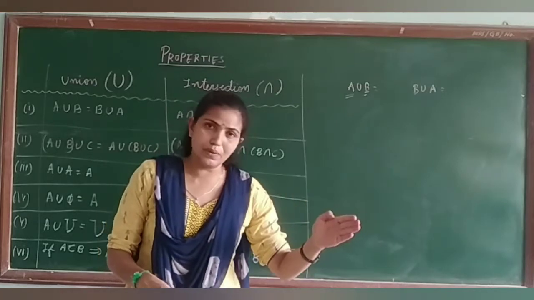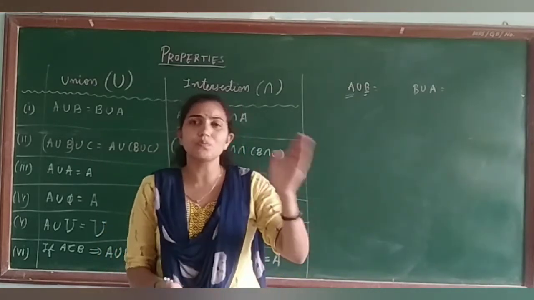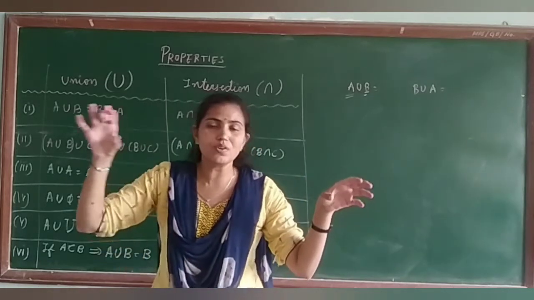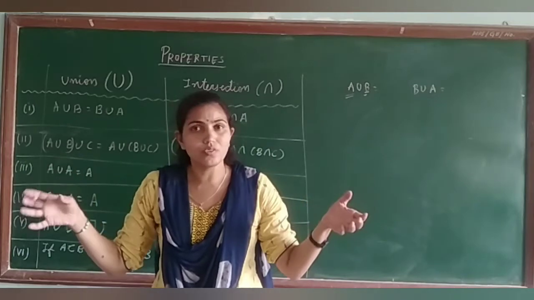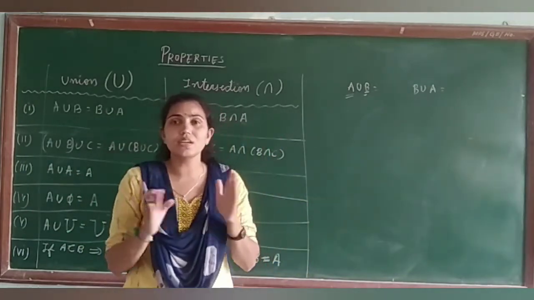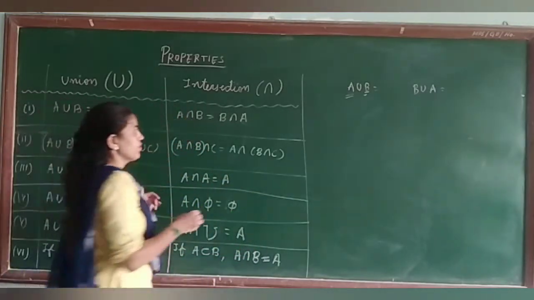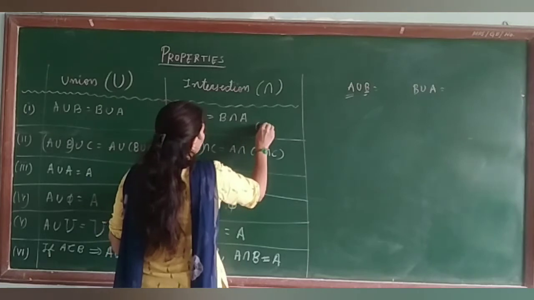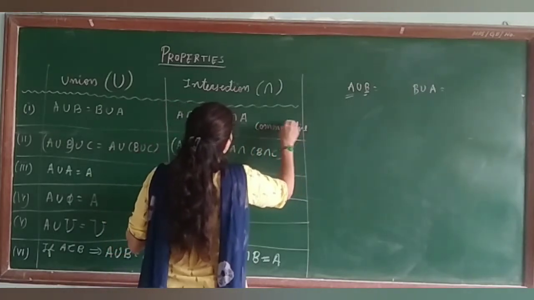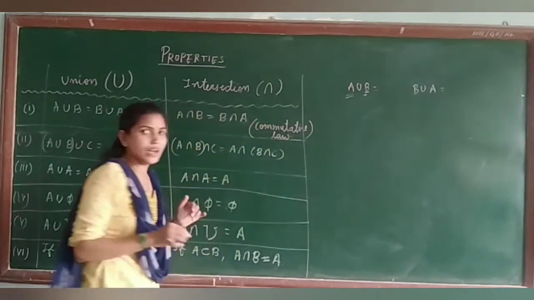That means common elements of A and B. Is it different? The common element of B and A, और B का जो common element होगा वही A के अंदर भी common होगा, obviously. So A intersection B is equal to B intersection A. This is the first rule, known as the commutative rule.